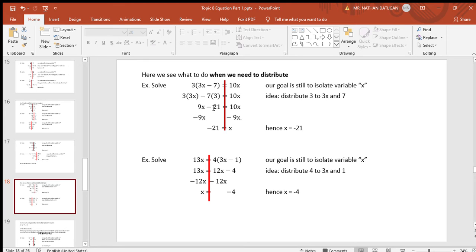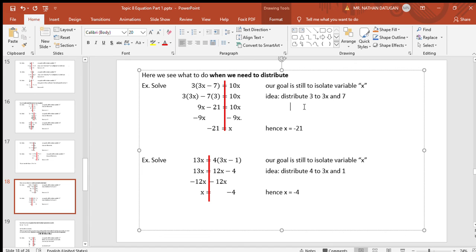Alright, and then what now? Now we want to eliminate the smaller variable by moving it. Which one's the smaller variable, 9x or 10x? 9x, so that's the one we're going to move.